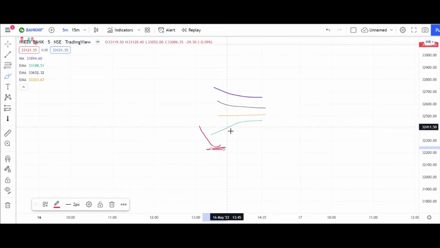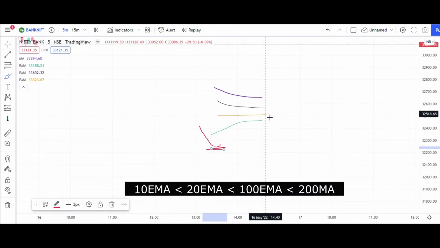Either the price will come near to these small moving averages, or these moving averages will come near to the price. So what happens once it makes the swing low in the condition where the 10 exponential moving average is lower than 20, 20 is lower than 100, and 100 is lower than the 200 moving average.